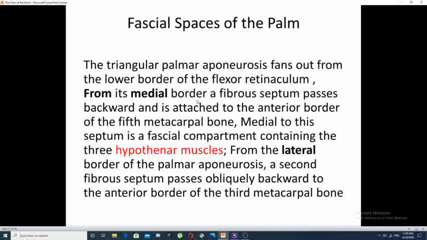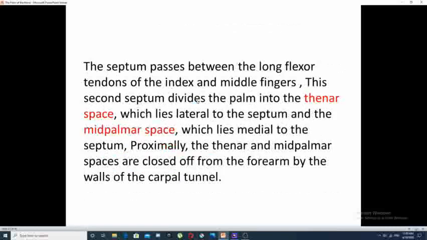Medial to this septum is a fascial compartment containing the three hypothenar muscles. From the lateral border of the palmar aponeurosis, a second fibrous septum passes obliquely backward into the anterior border of the third metacarpal bone.